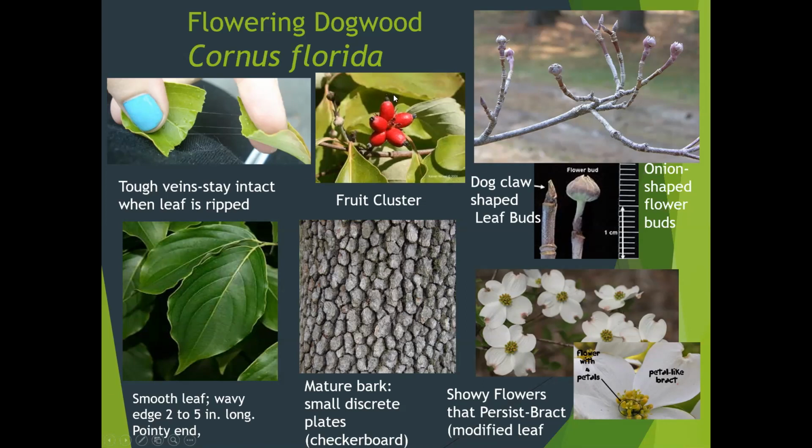In the fall, you can identify it by the fruit, which is this red cluster. I think this was already also one of the examples. And the bark is very small, about half an inch to one inch, these little plates, and they're deeply indented, so it's described by some people as a checkerboard. The flower buds and twigs are brown, but they're very unique buds for the flowers.